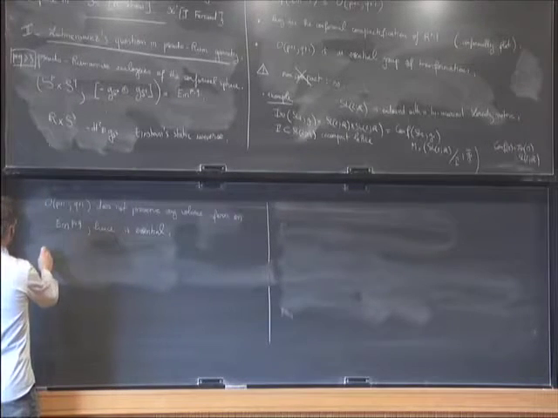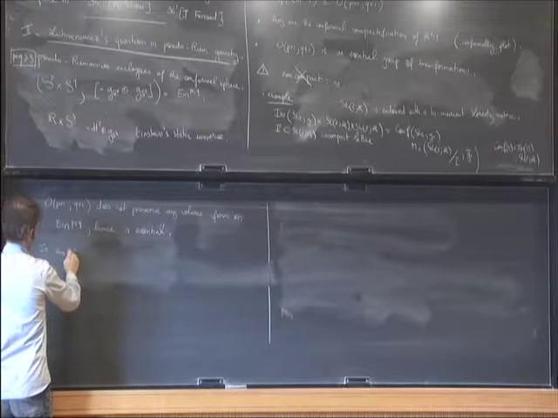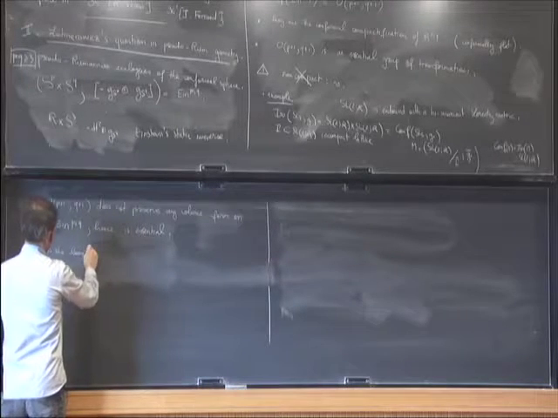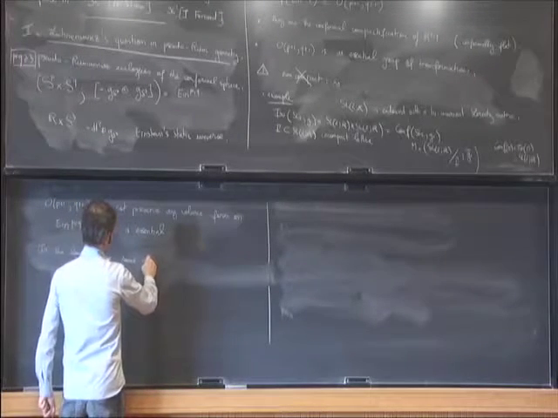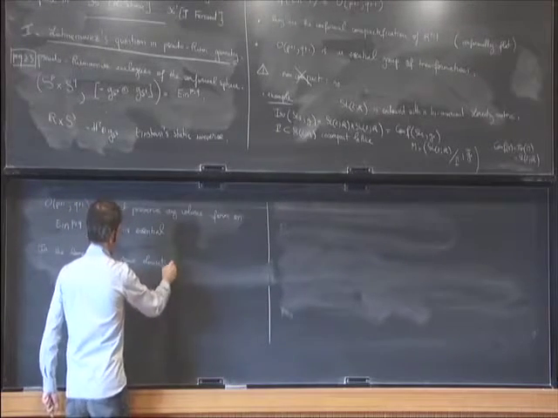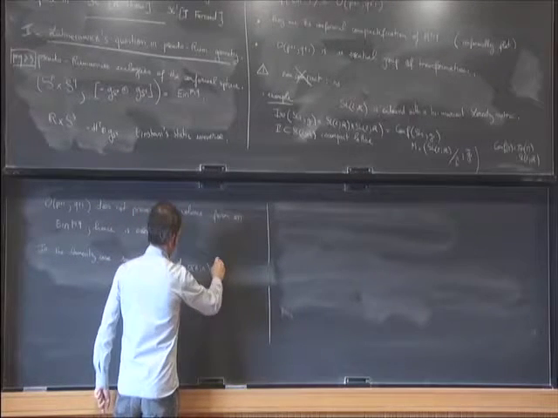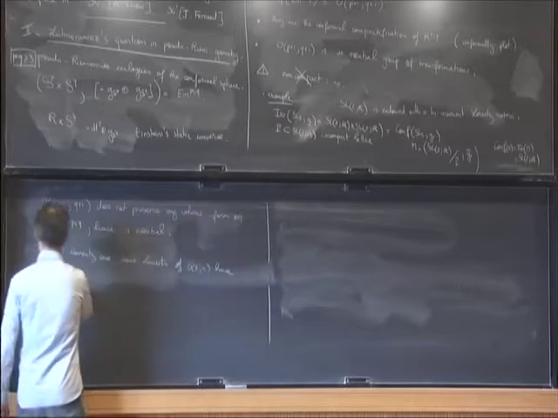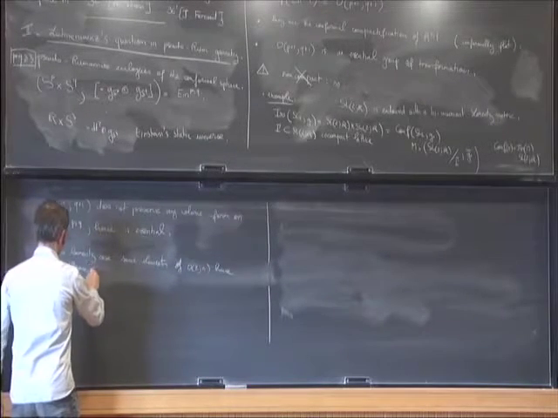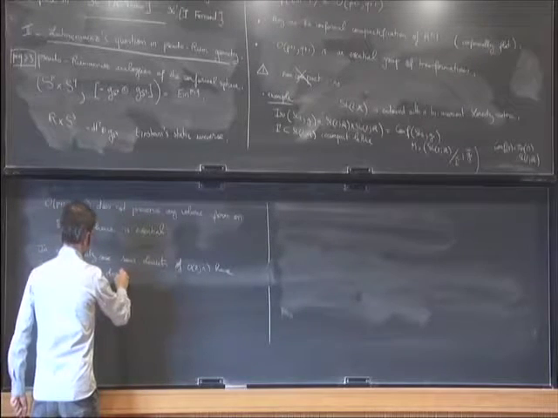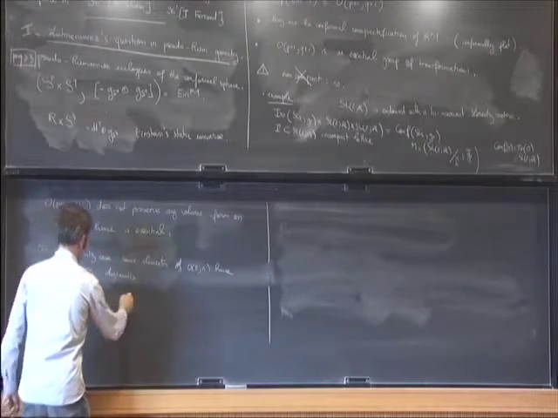So here I draw a picture in the Lorentz case. Some elements, for instance, of O(2,n) have the following dynamics. They have two fixed circles.